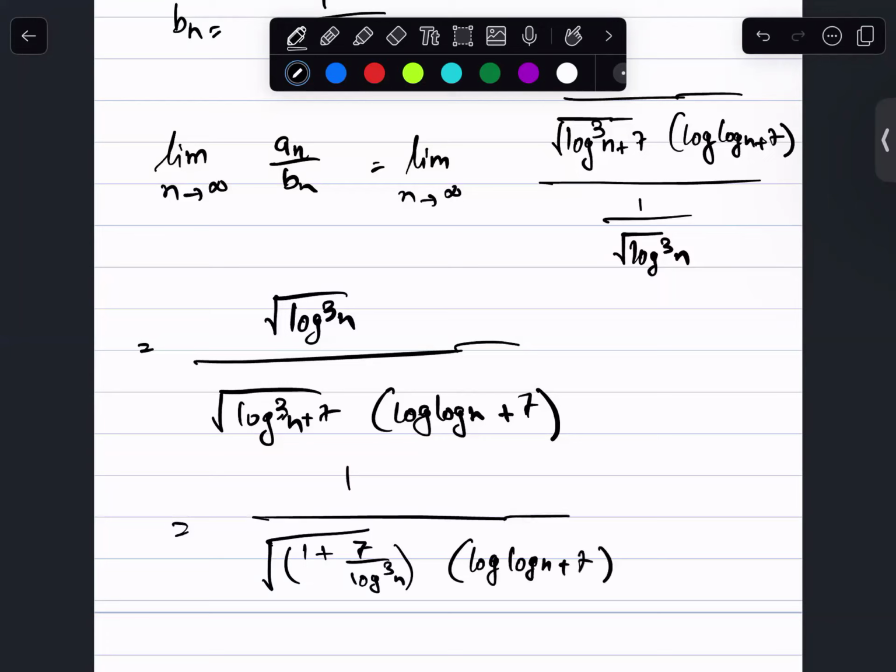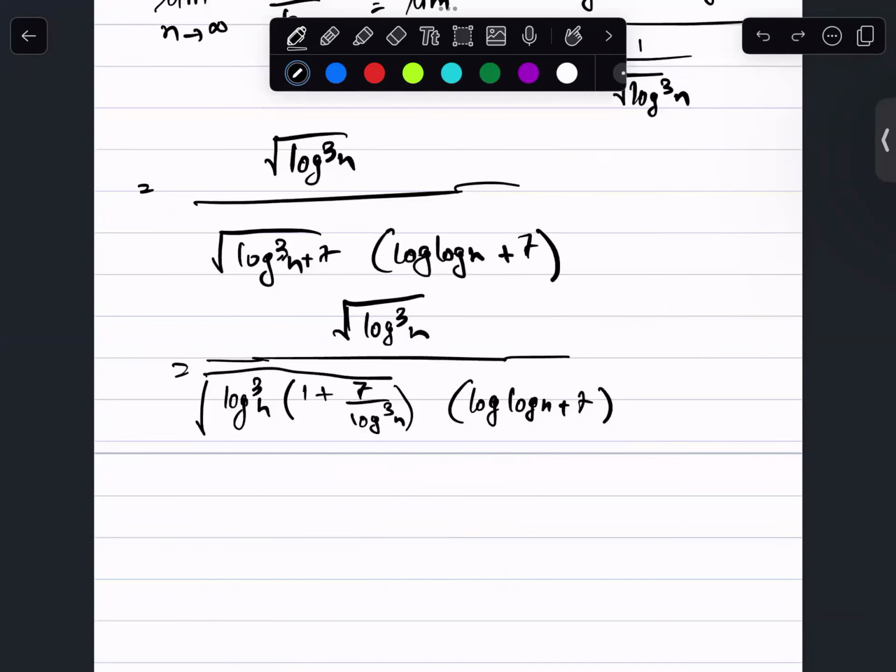How did I get that? Let me create one more step. I factored that out, and then I basically cancel this one and this one.